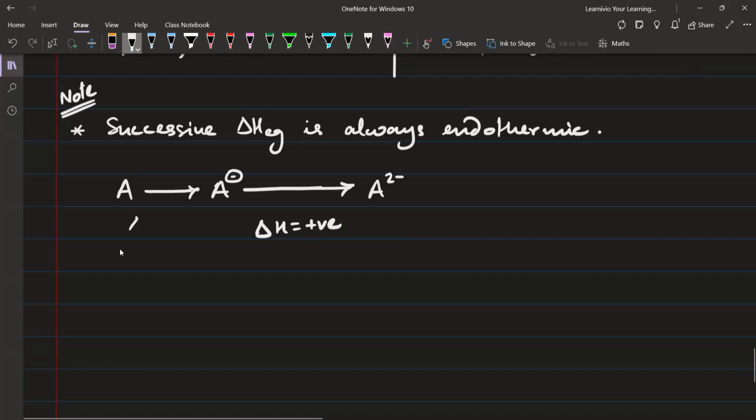That is why initially delta H is generally negative, but when you add one more electron, it is always positive. That is successive electron gain enthalpy, it is always endothermic.